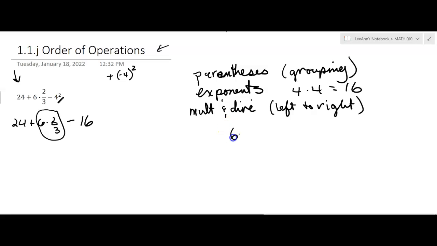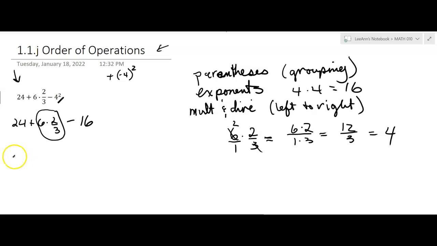Well, 6 times 2/3. You can make it 6 over 1. And one way to do it is to multiply across. So that's 6 times 2 over 1 times 3, or 12 over 3. And that simplifies to be 4. Now, some of you might say, well, I don't want to do it that way. I want to cancel the 3 into the 6, and then 2 times 2 is 4. That's fine. I don't know how you want to do it.